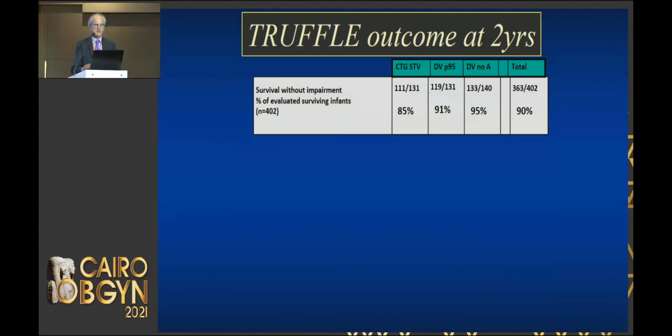And now this is the most important slide you can see here. The TRUFFLE outcome with survival without impairment for the three groups was significantly different between the CTG group and the late ductus venosus group. It was 85% in the CTG group, but it was 95% in the ductus venosus group.